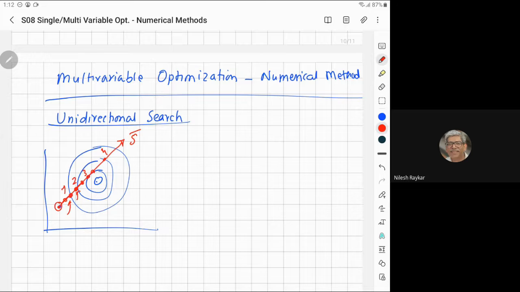Along this particular line, somewhere this line will be tangent to one of the circles, assuming this function to be circular, and the function value corresponding to that circle will be your minima value in this particular direction. Once you reach there, you have to find another direction.